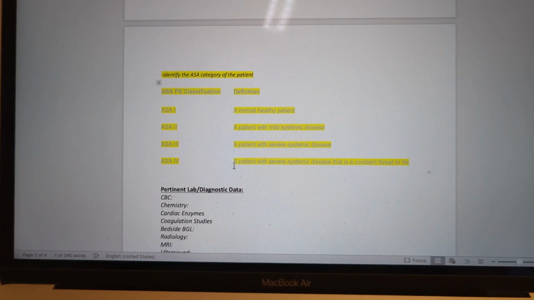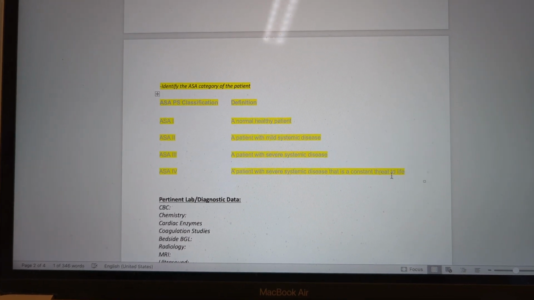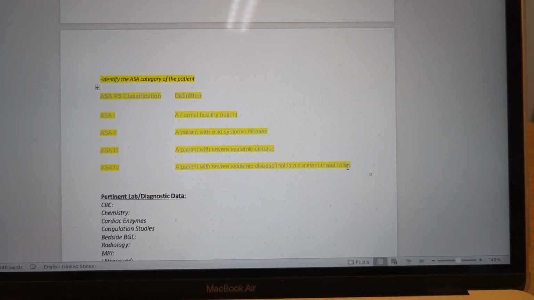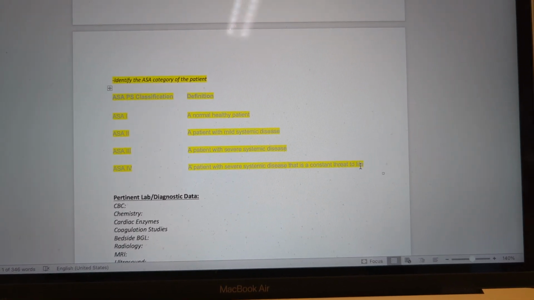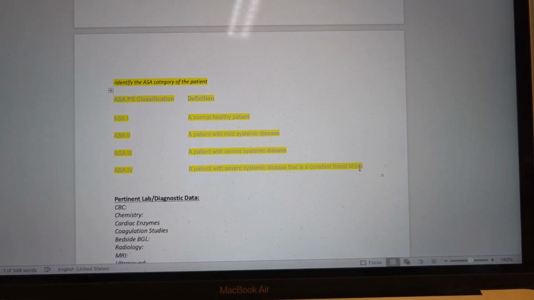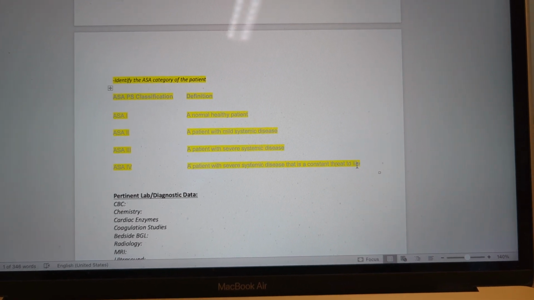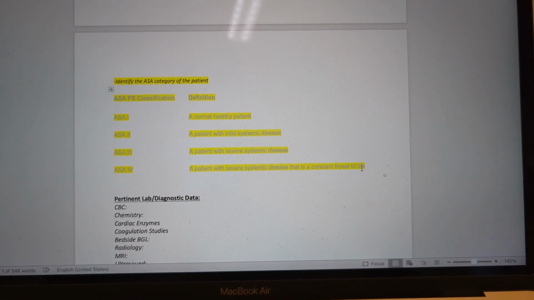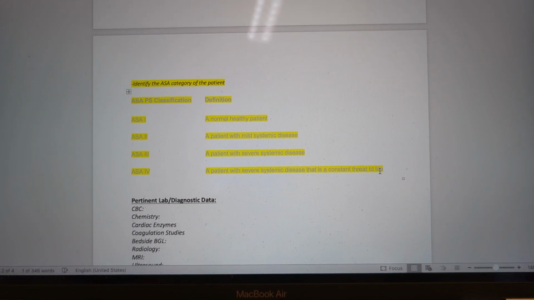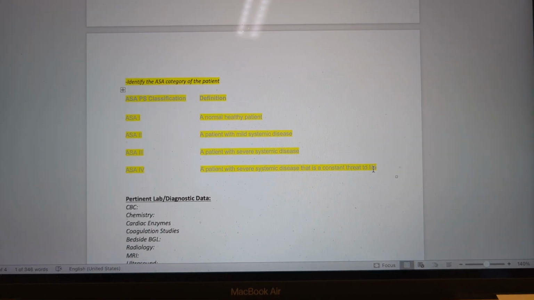ASA 4 is a patient with severe systemic disease that is a constant threat to life. Right, so think of a severe congestive heart failure patient where their congestive heart failure is actively problematic. Maybe they've been treated for a CHF exacerbation, or this is a COPD patient that's having an exacerbation that's just constantly threatening their life. There are some additional categories.